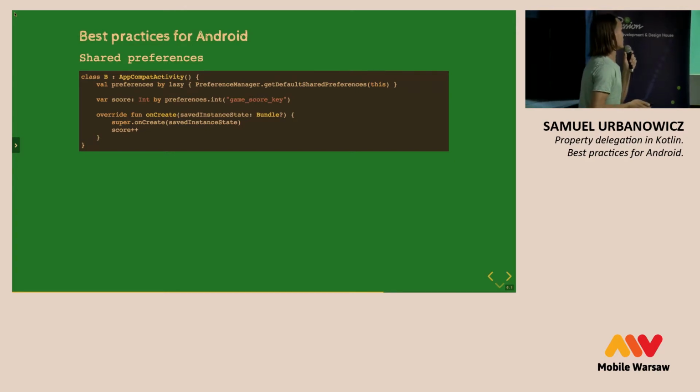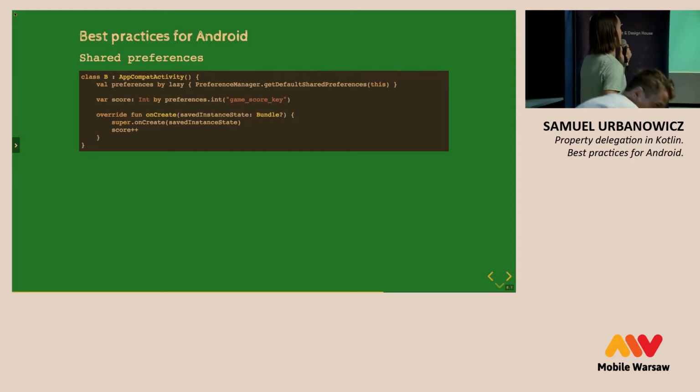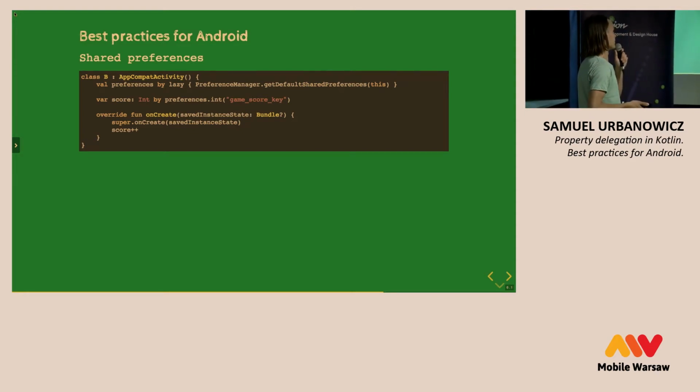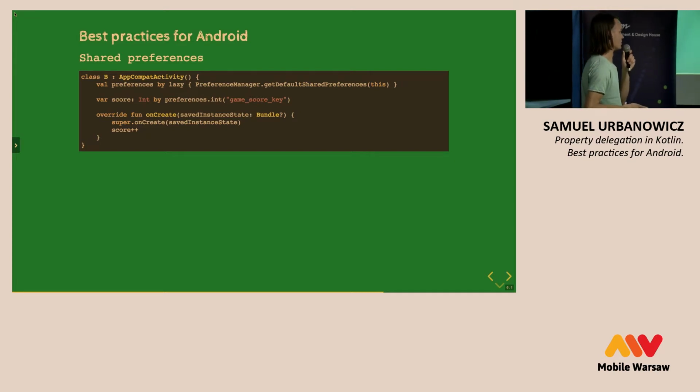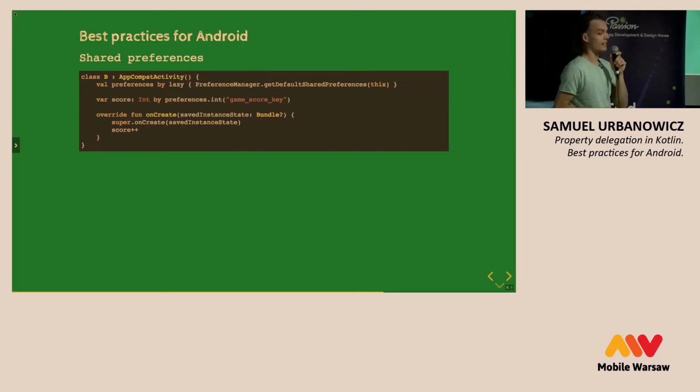What we would like to do here is to create our custom delegate that will update the value in shared preferences whenever we are updating it. For example, we would like to have a property called score of type integer, which would be delegated to an external delegate. And whenever it is updated, for example incremented, we would like to update it also in the shared preferences automatically.